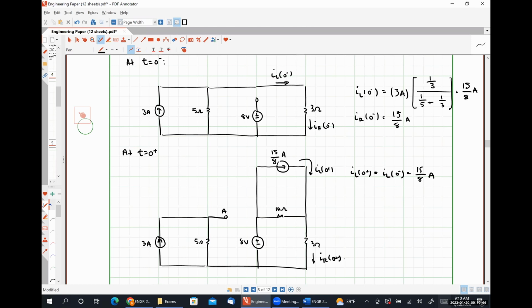We could do superposition. Could you do current division to do this? If we did superposition, we could use current division. The reason why we can't use current division right from the jump is because our 3 ohm resistor appears in series with that 8-volt source. But using superposition, where we get to turn off that 8-volt source, makes it look like the 10 is directly in parallel with the 3.